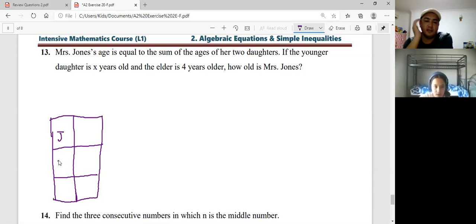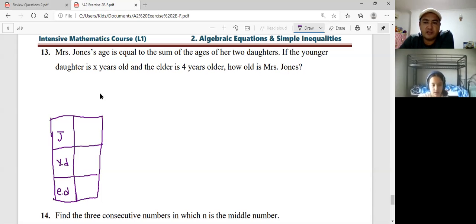Just write YD, that means younger daughter, and ED for the elder daughter. And here, the important thing is if you understand.